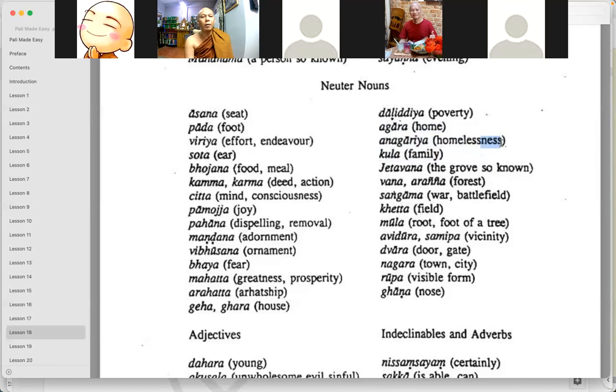You know, like how all the monastics who give up the worldly life and go to the homeless state, do we call them anagāriya or anagārika? If it refers to the state, then anagāriya. But if it refers to a person, maybe a religious person like the monk or nun or someone, then that is anagārika.